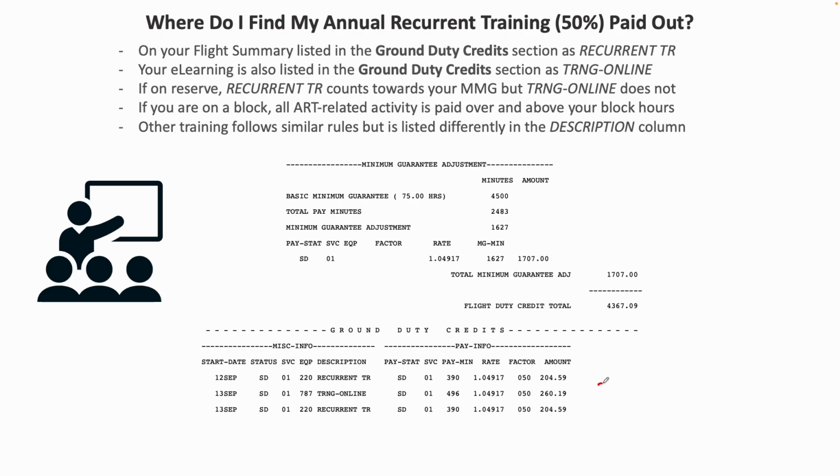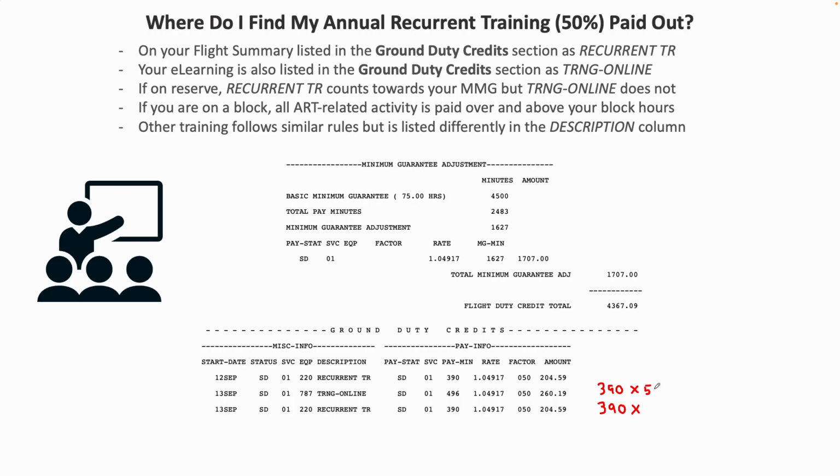Let's try that again. 390 and 390. Now, ground duty is paid at half of our airtime. We then have to convert our time spent in annual recurrent training in minutes to our time that would have otherwise been spent in the air.